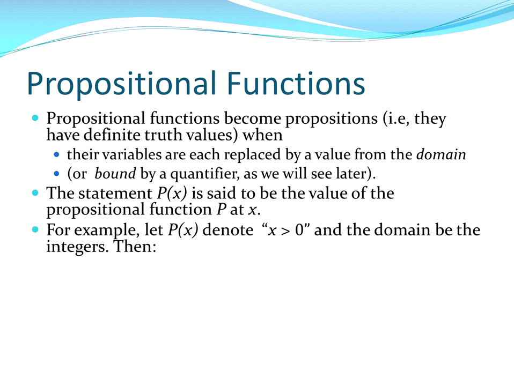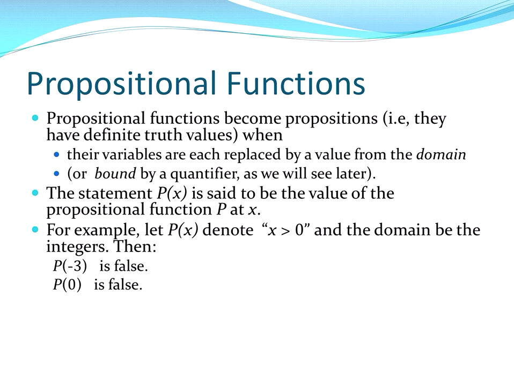And here we have a propositional function. We see that as a variable and a predicate. The variable is x, the predicate is greater than 0. And we declare the domain to be integers. Let's evaluate P at x with various values of x. Well, P at -3 is false because -3 is not greater than 0.